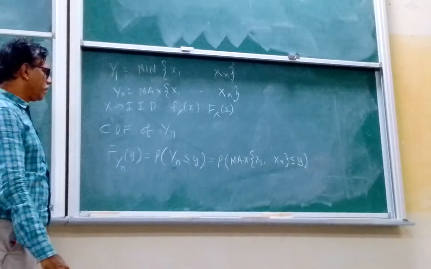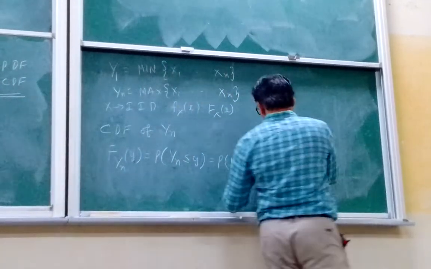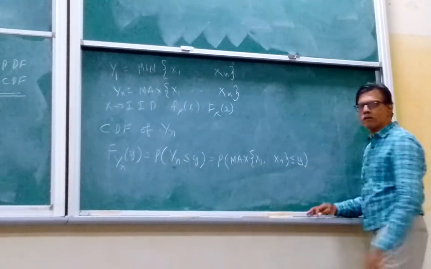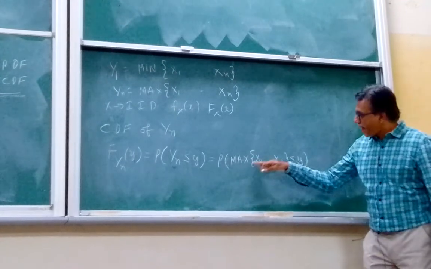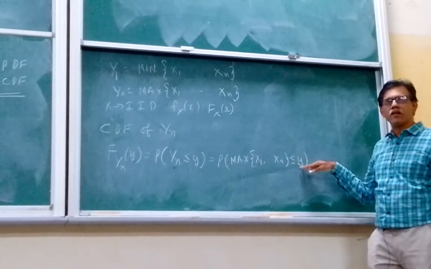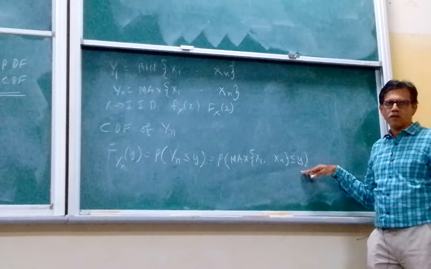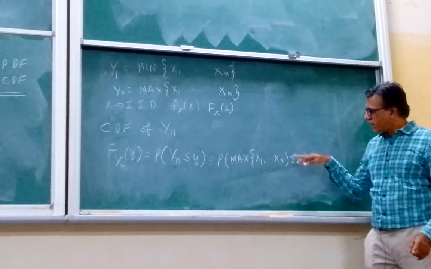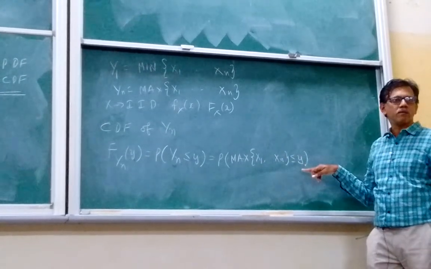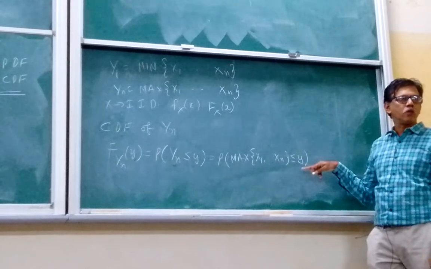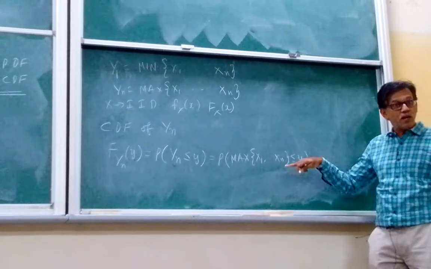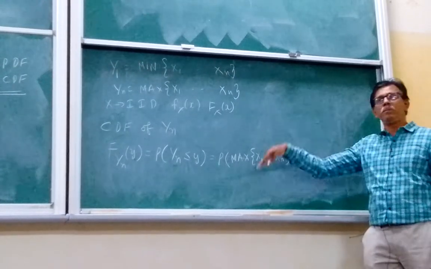So you look at this condition. Maximum of X1 to Xn has to be less than or equal to y, which means that X1 has to be less than or equal to y, X2 has to be less than or equal to y, and so on. Then only the maximum itself will be less than or equal to y.